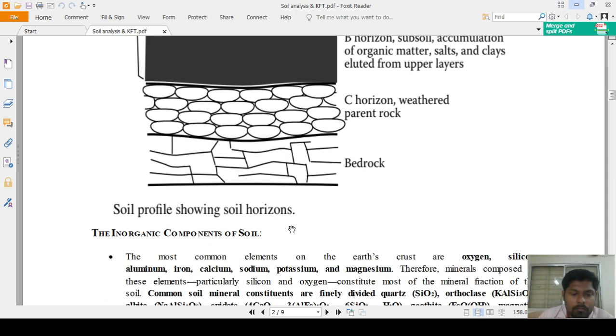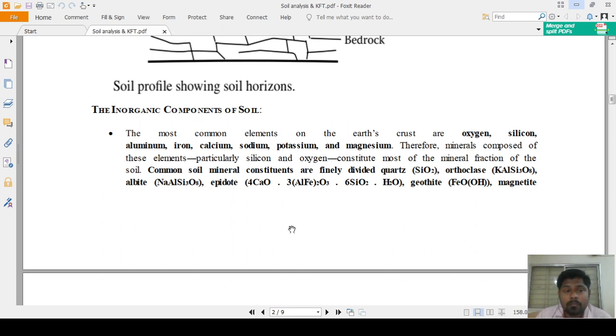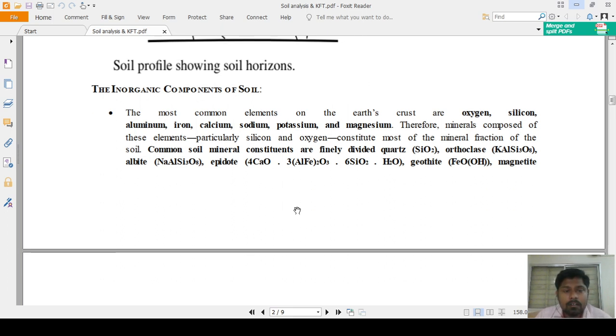So that is called the soil profile. Now the inorganic components of the soil. Which kinds of inorganic components are present in the soil? The most common elements present in the soil are oxygen, silicon, aluminum, iron, calcium, sodium, potassium and magnesium. These are the elements, but the mineral forms of those elements are given here.